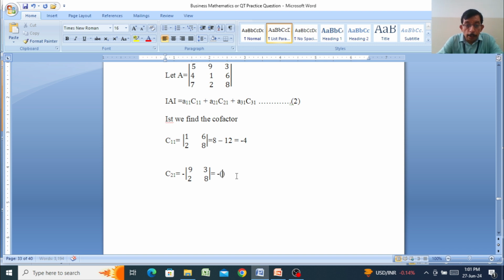The second order determinant is the difference of the multiplication of the diagonal elements. 9 times 8 is 72 minus 2 times 3 is 6. Minus, 72 minus 6 is 66.